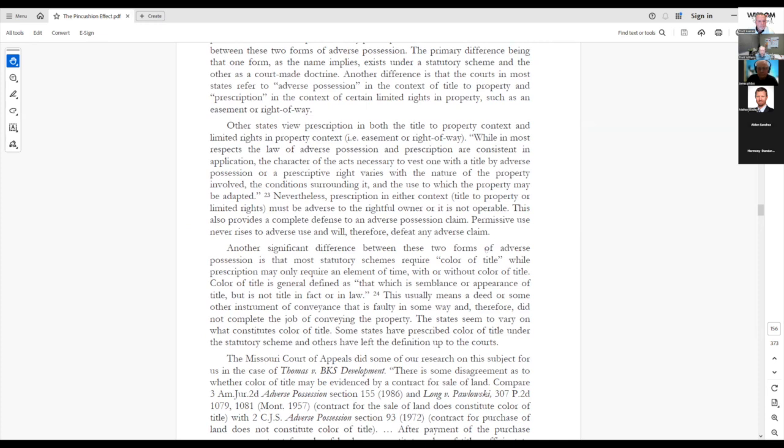But the last sentence, permissive use never rises to adverse possession use and will therefore defeat any adverse claim. So if you've given permission and they've just overstepped their bounds, you've given some permission there anyways to kind of start that process.